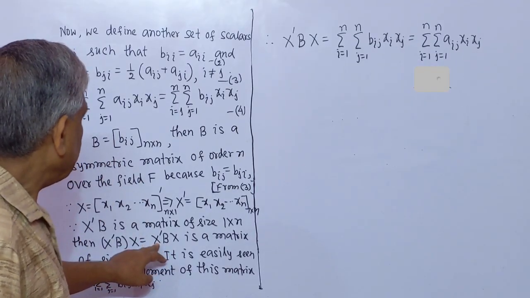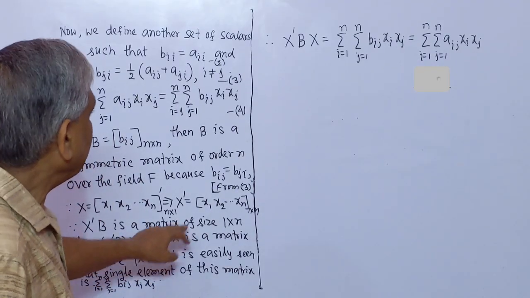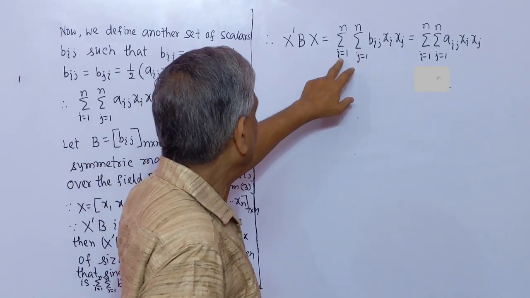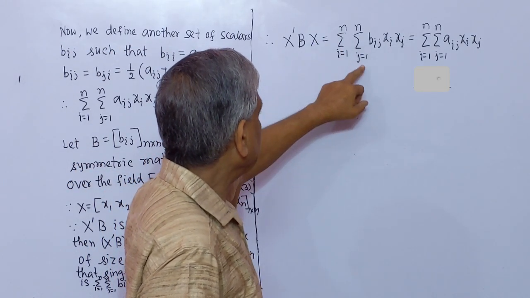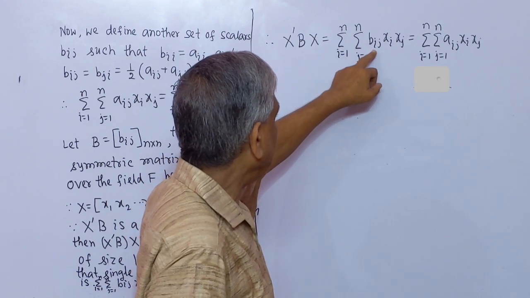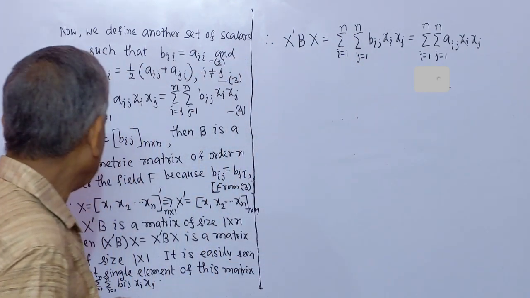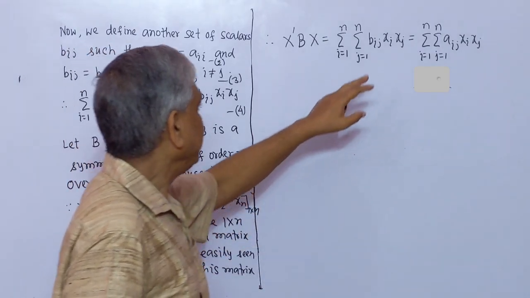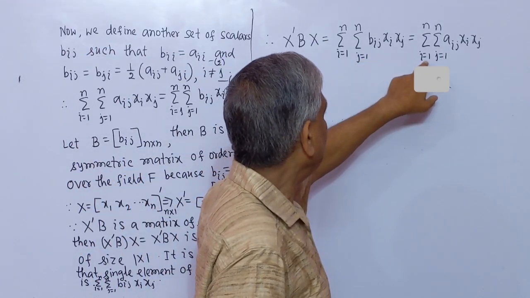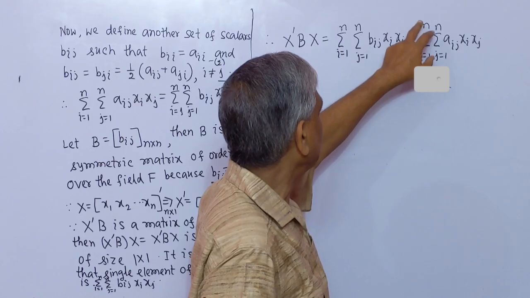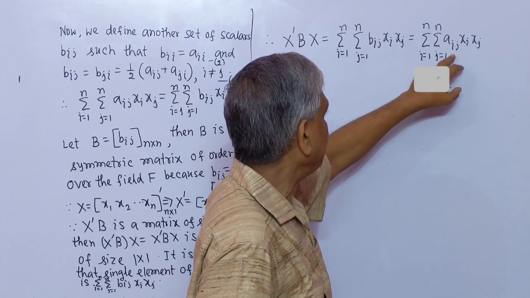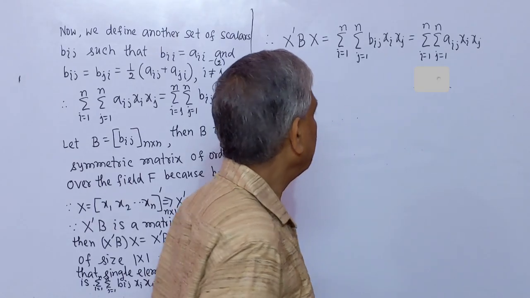Therefore, x transpose multiply B multiply x equal to sigma i equal to 1 to n, sigma j equal to 1 to n, bij xi xj, and already we have seen that this equal to sigma i equal to 1 to n, sigma j equal to 1 to n, aij xi xj.